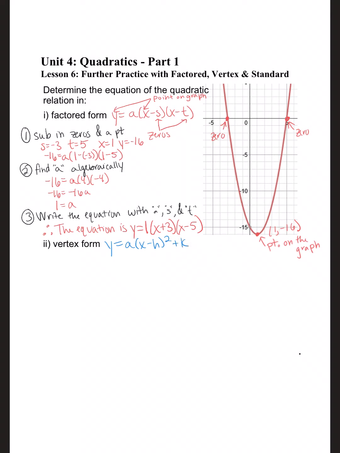Generally we'd have to sub in our vertex and some point because in vertex form we're looking for our vertex. But in this case, we've already been given our a value, so we don't have to work through finding that. So let's just first of all identify that this is our vertex. And then y and x would also represent a point on the graph.